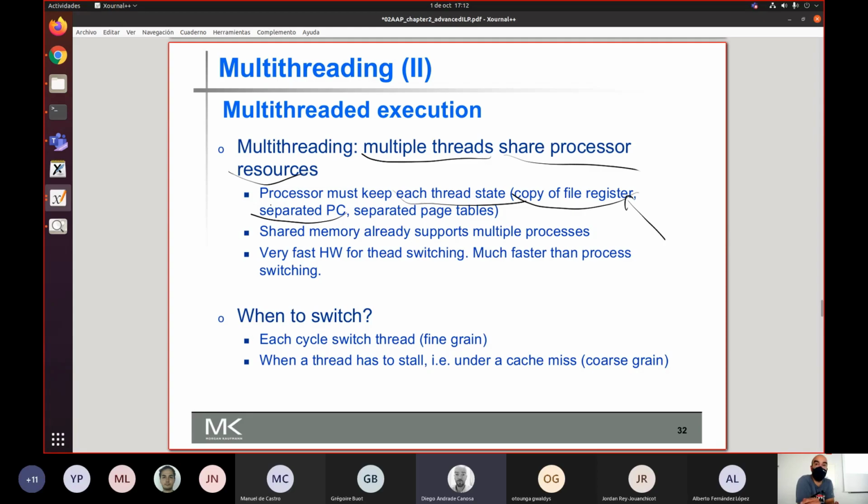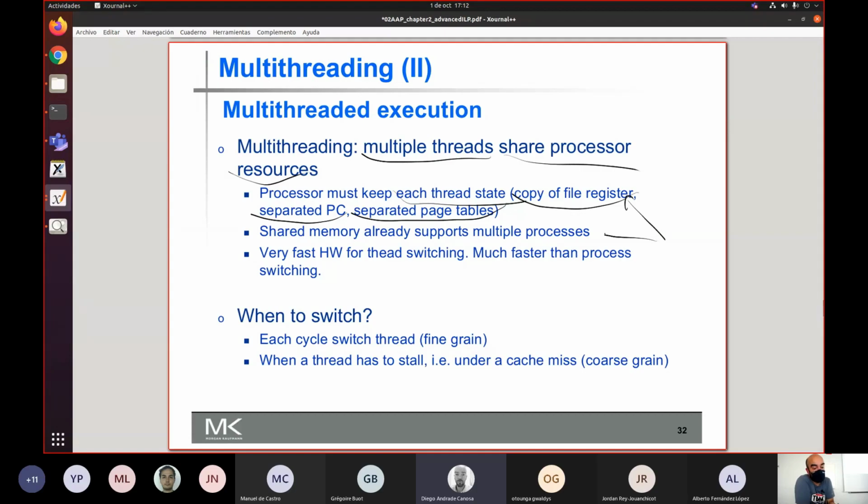Since you are executing several instances of the same program or different programs, you don't have to be at the same point, and the next instruction to be executed doesn't have to be the same. And also related to virtual memory, you are going to have separate page tables per thread to translate virtual addresses into physical ones.